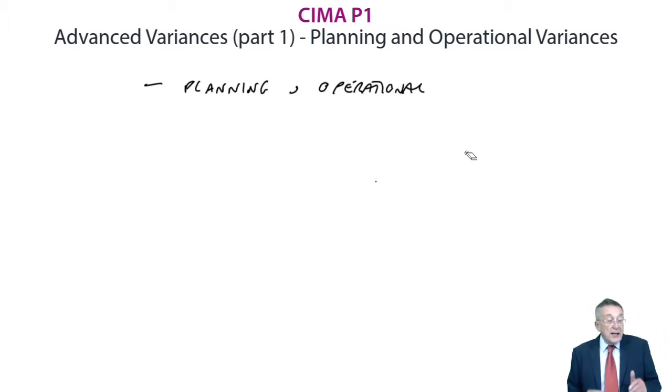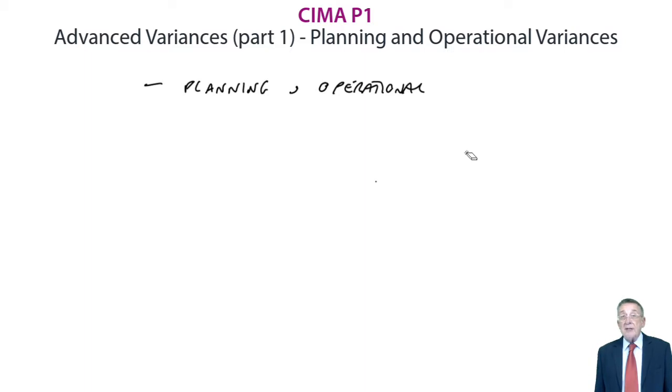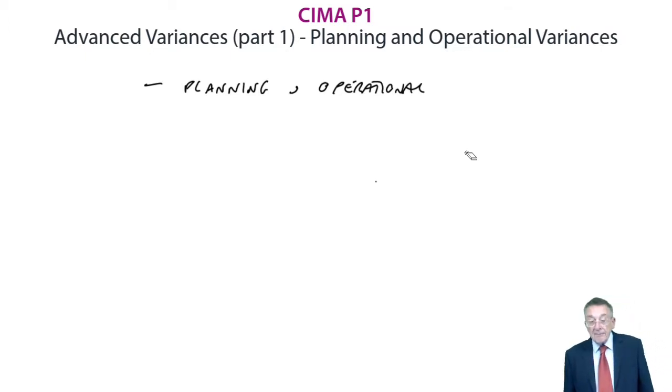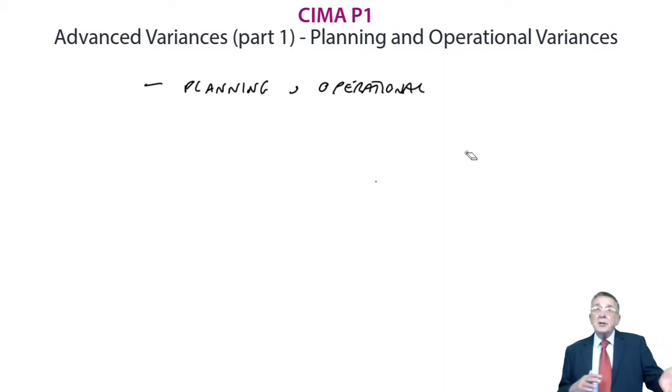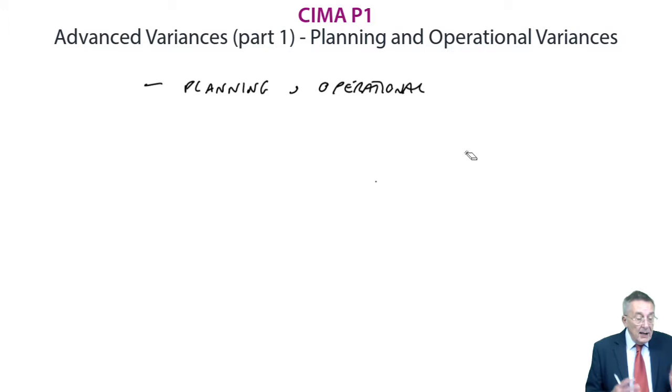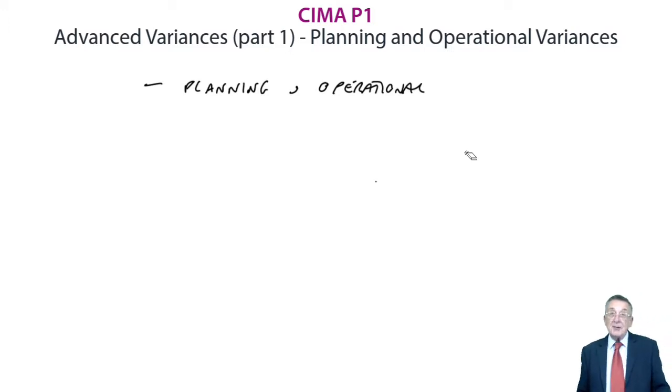But the point was, had we known that rates had gone up to $17.50 at the time we did the budget, surely we would have budgeted on $17.50, we wouldn't have budgeted on $14. So we're going to break it down. We're going to look at how much it's cost us as a result of the rate going up externally, and separately, how much cost or savings there have been as a result of us paying less, as it turns out, than the new prevailing rate.